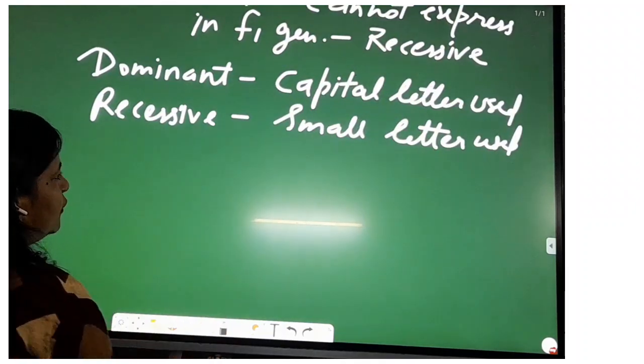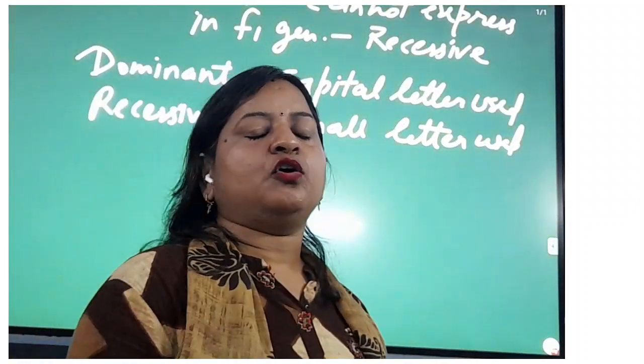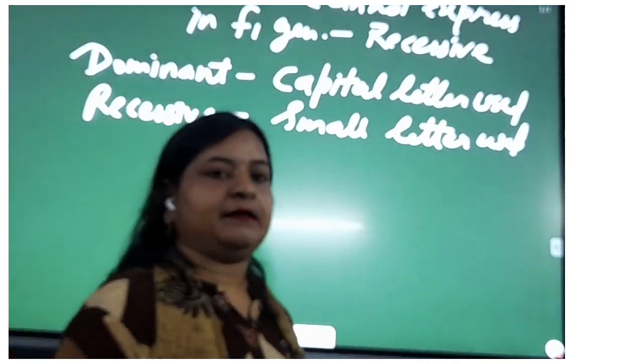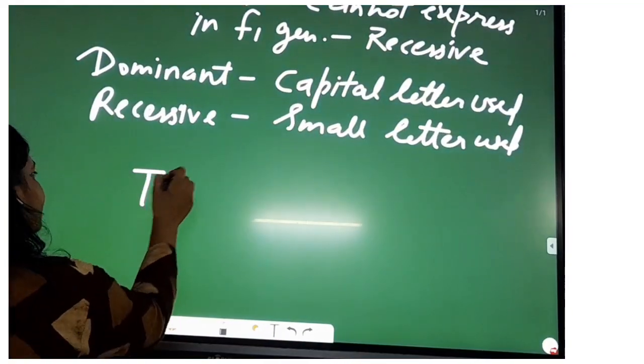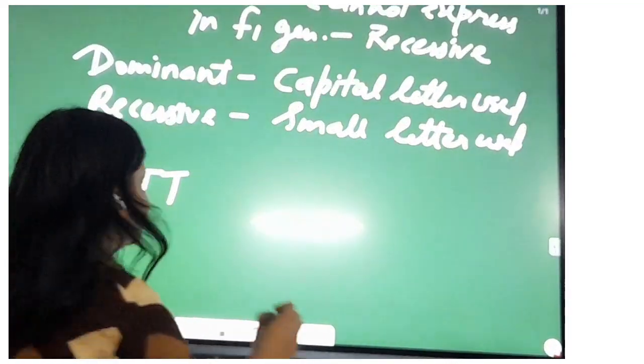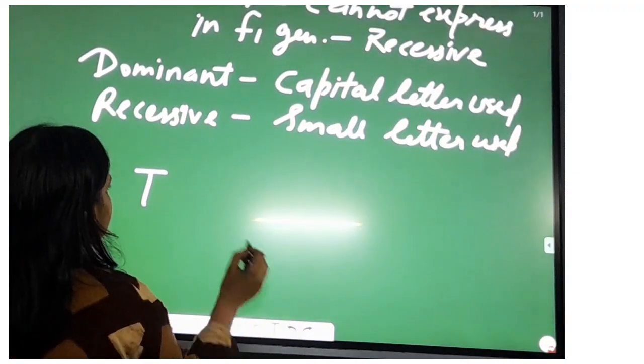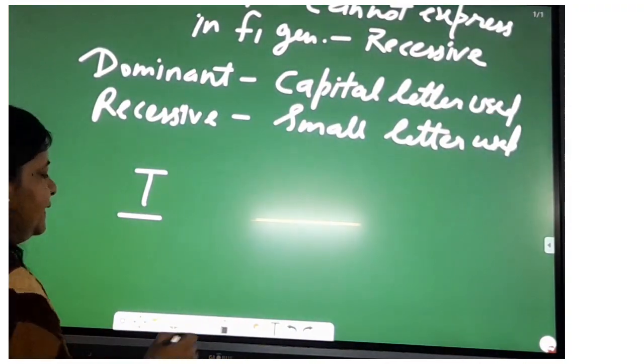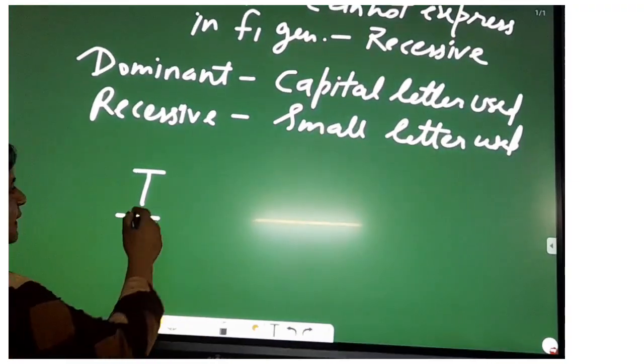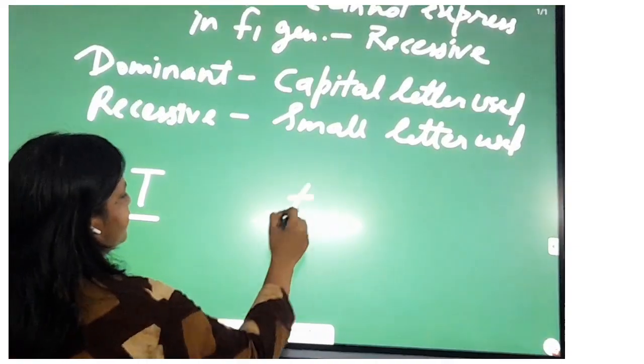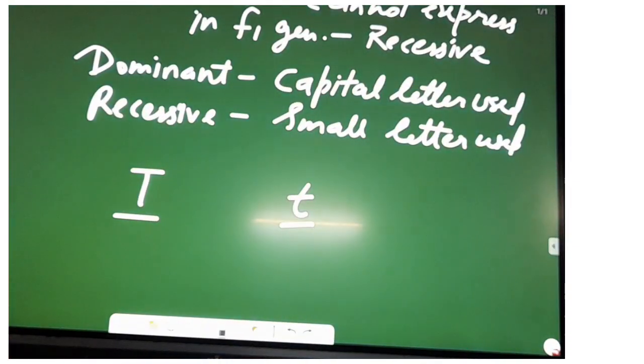So if Mendel was doing the experiment on plant height, the tall character which expressed itself in the F1 generation was represented by the dominant capital letter T, and recessive was represented by the small letter t.